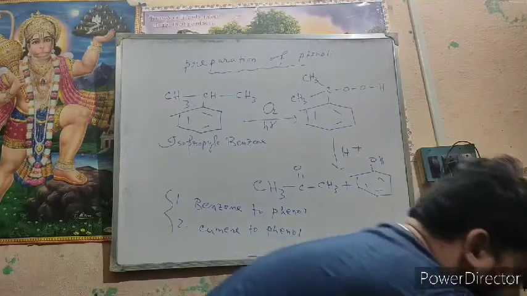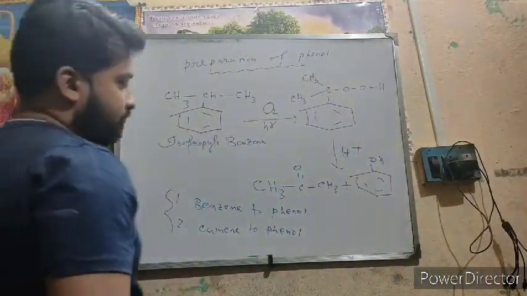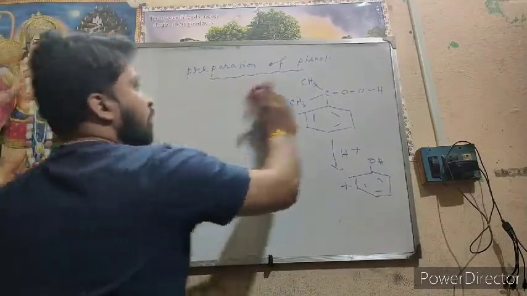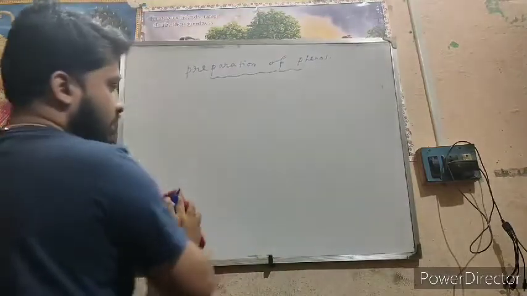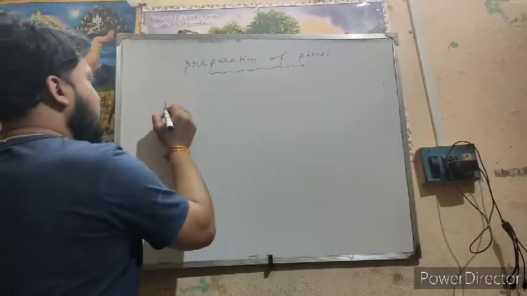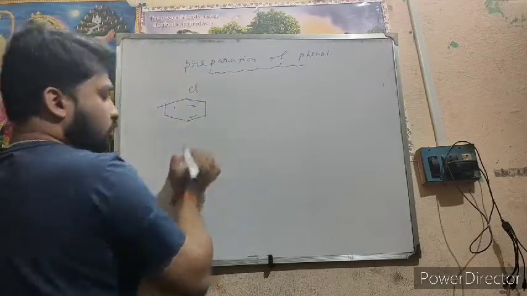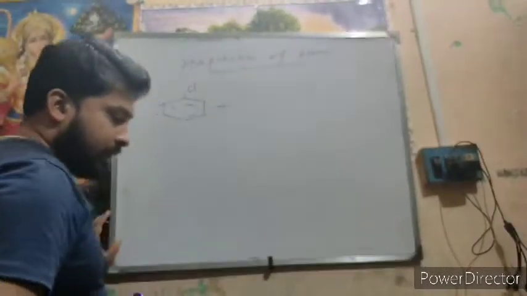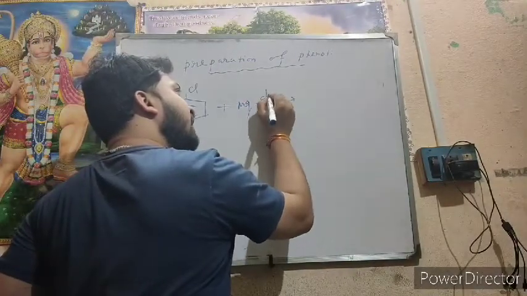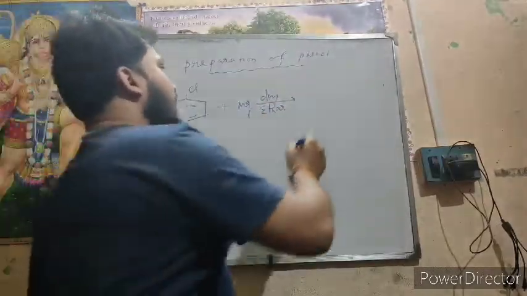And the third one is by Grignard. You take chlorobenzene and react it with Mg in dry ether.